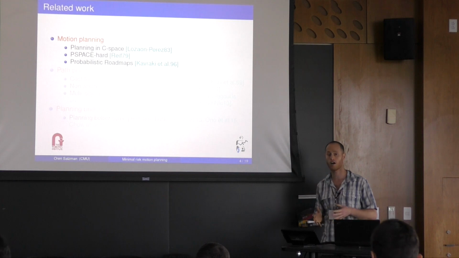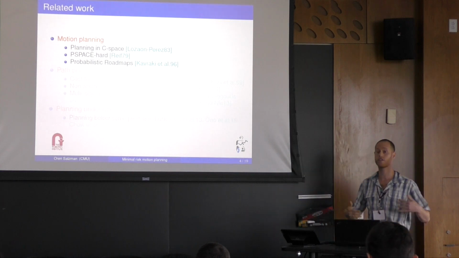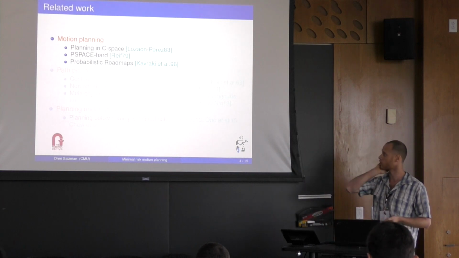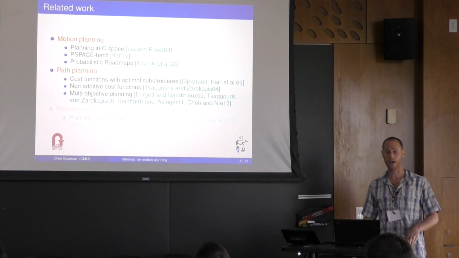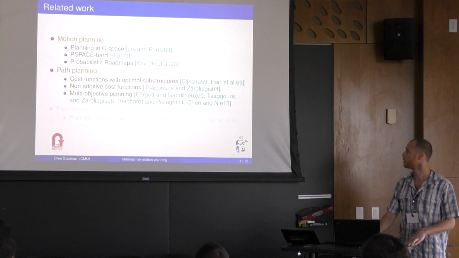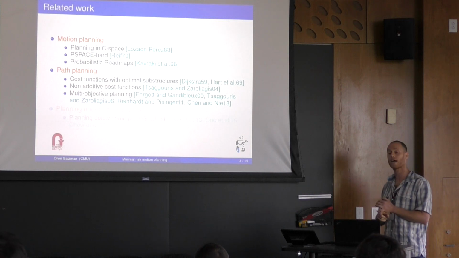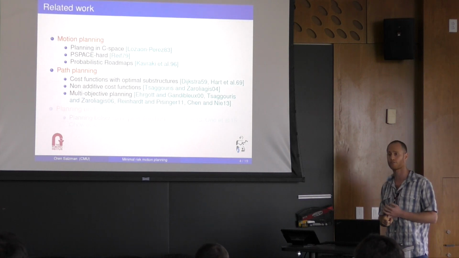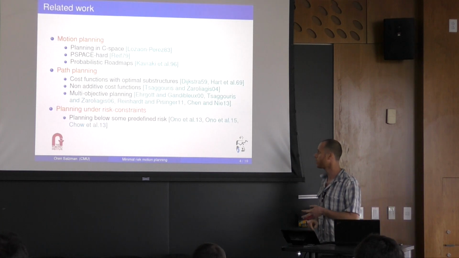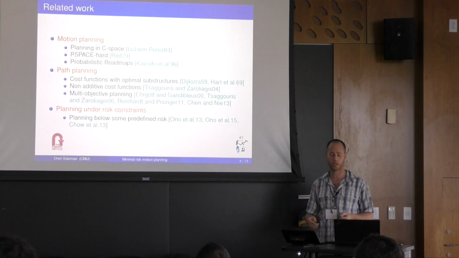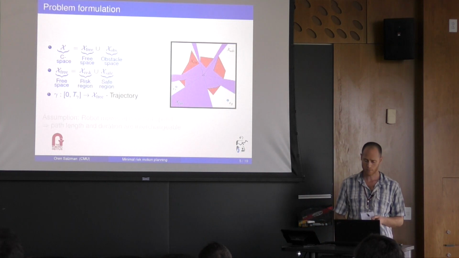Our domain is continuous motion planning, so there's a lot of work there. Path planning on discrete graphs is super relevant here, especially non-additive cost functions because of the structure of our cost functions, and multi-objective path planning, and obviously planning under risk constraints.